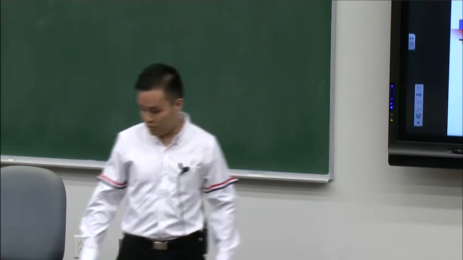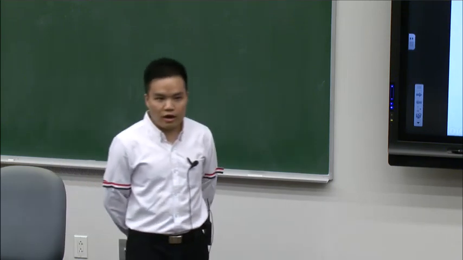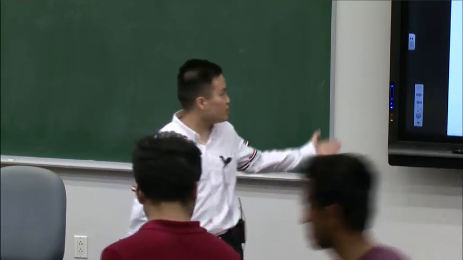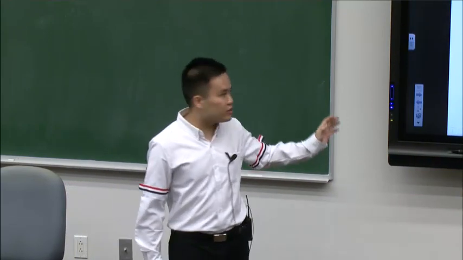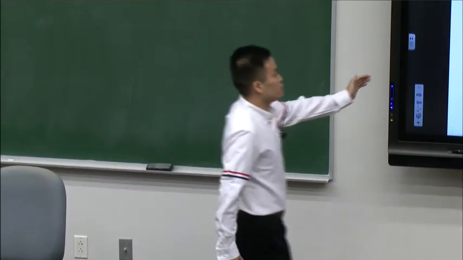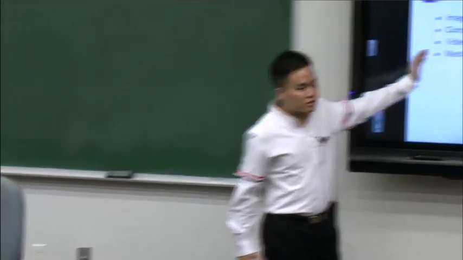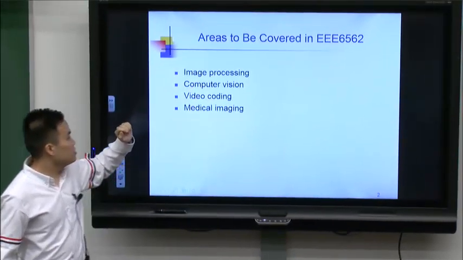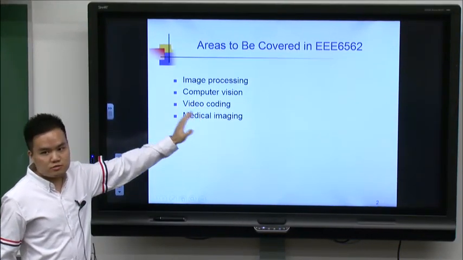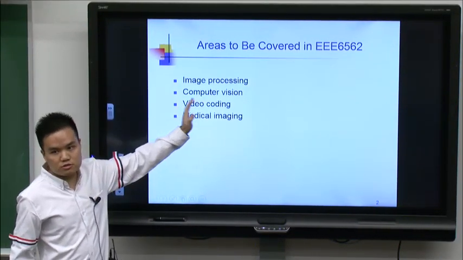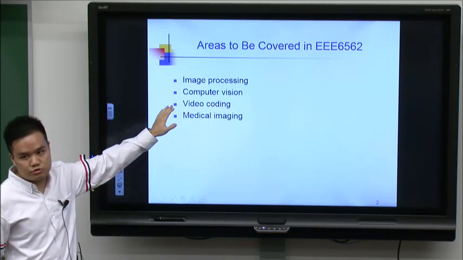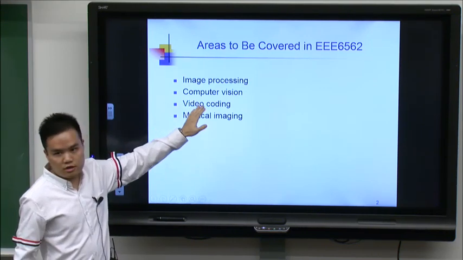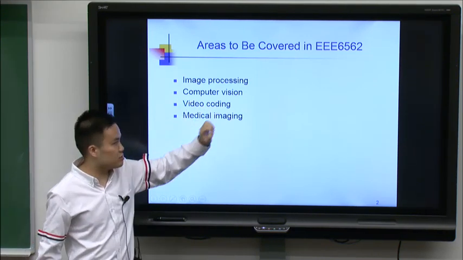Okay, let's get started. So, as some of you may have already learned something or even have some hands-on experience on image processing and computer vision problems, what we are going to cover in this course is first, we will introduce some basic ideas and concepts about image processing. Then, because image processing is seamlessly integrated with computer vision problems, and computer vision has become a very popular topic in recent research trends, we will also spend some time focusing on the computer vision part.